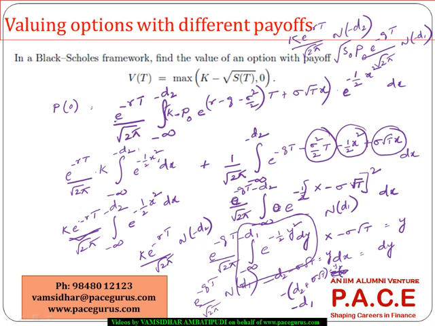So just like a typical Black-Scholes framework, wherever we had st, I will take it as square root of st. That's the only thing, and that is what will give me the value of the corresponding option. Just like the pricing of the Black-Scholes formula, instead of st, I am substituting square root of st, or similarly, instead of s0, I am substituting square root of s0. That's the only process that has gone into this calculation, right?